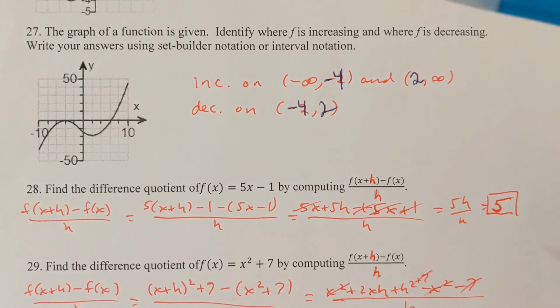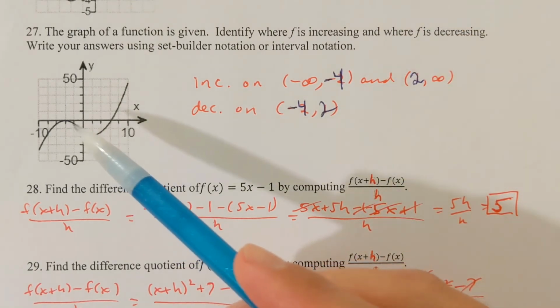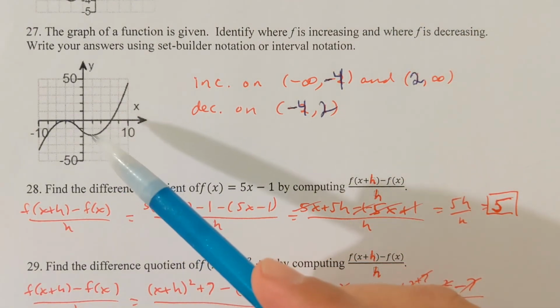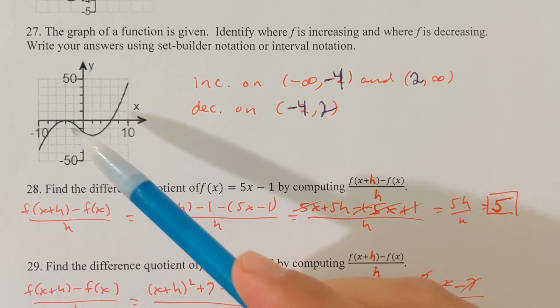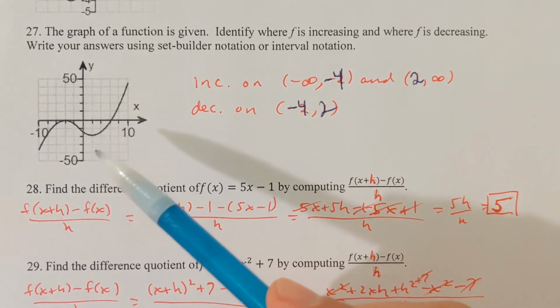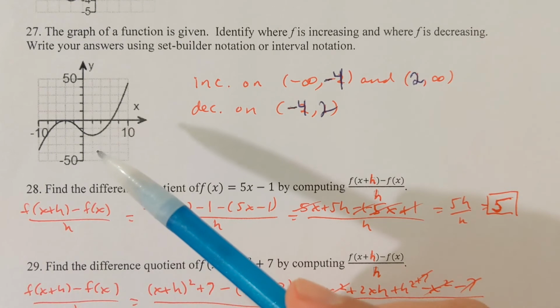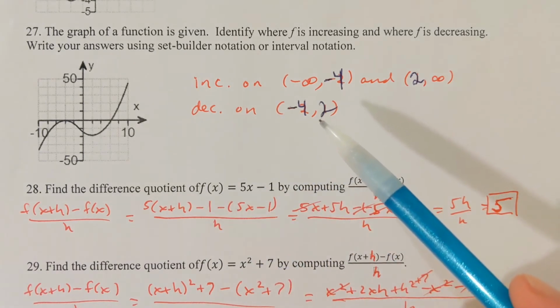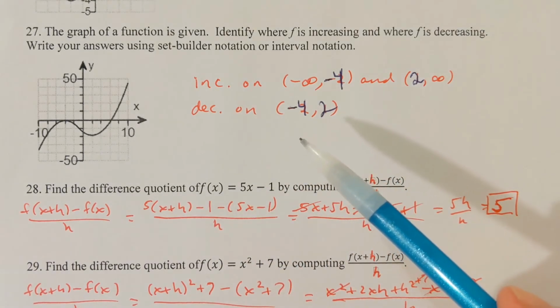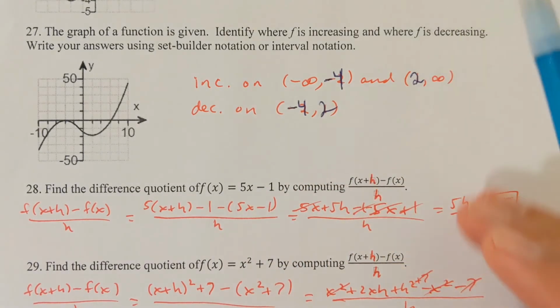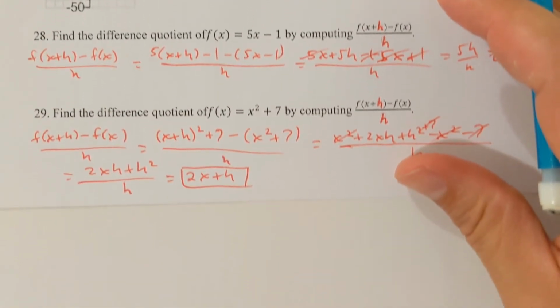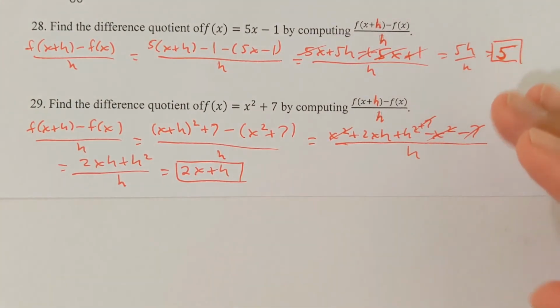From negative 4 to 2 is where I'm decreasing. So in the middle part of the graph, if I draw a tangent line, it's going to have a negative slope. And negative 4 to 2 would be the interval on which I'm decreasing. Okay.